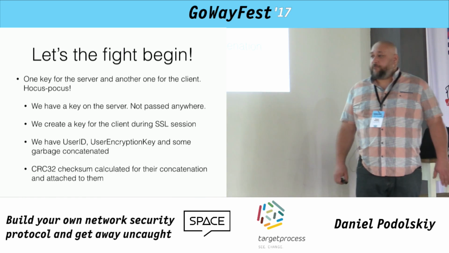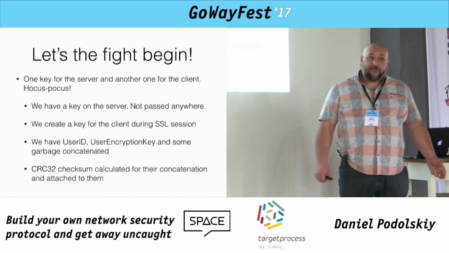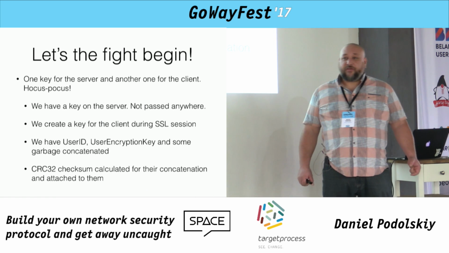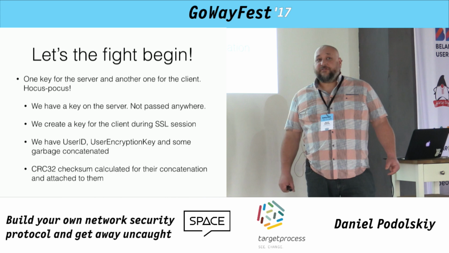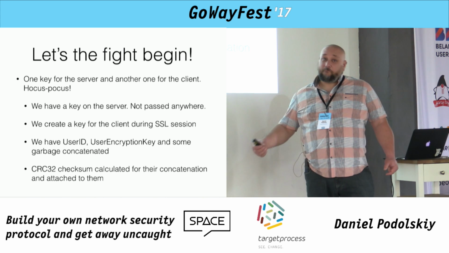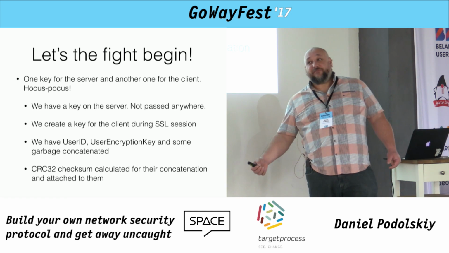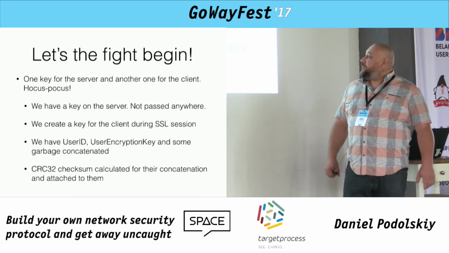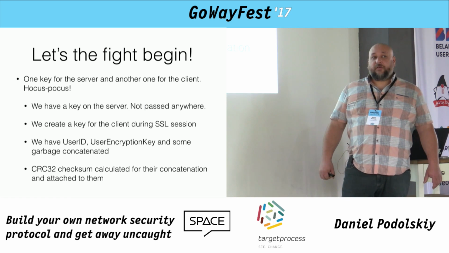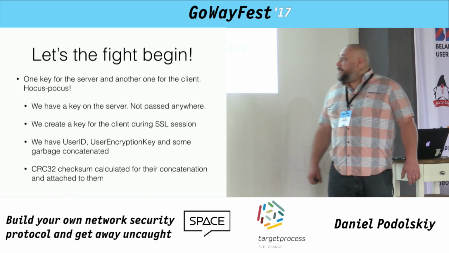The tricky client ID is some combination of client ID, encryption key, some garbage to make the cracking of this ID more difficult, and some checksum to realize we have decrypted our data correctly.